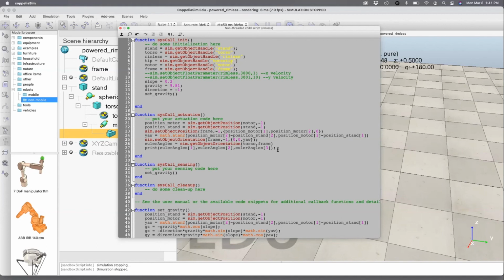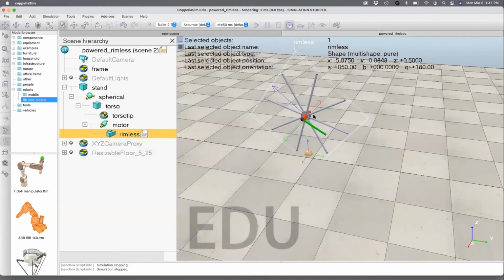Now if this works perfectly, then only one Euler angle will change. That's because as this torso moves in a circle, its orientation with respect to only one coordinate axis is going to change, about the x-axis.